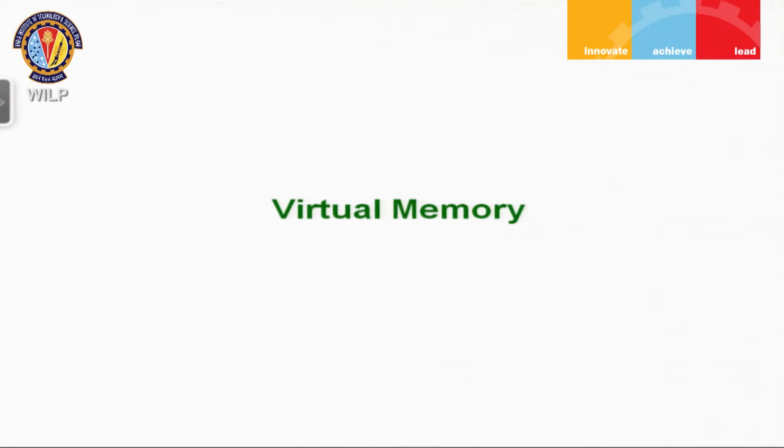If we look at any computing machine, or take an example of the Intel Pentium processor, we find that it has 32 address lines, and these 32 address lines essentially mean that the total amount of memory which can be interfaced with this processor would be 2 to the power 32, that is 4 gigabytes.